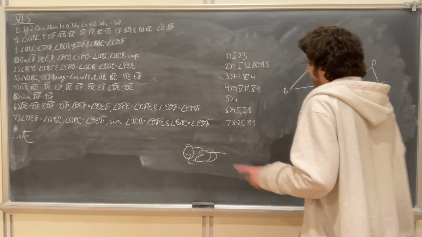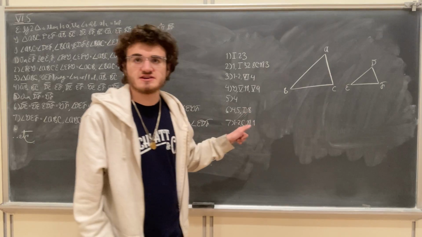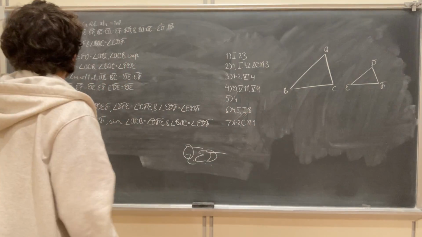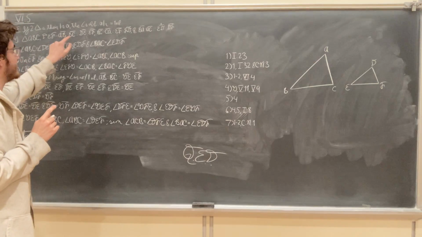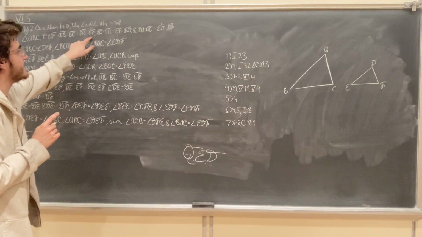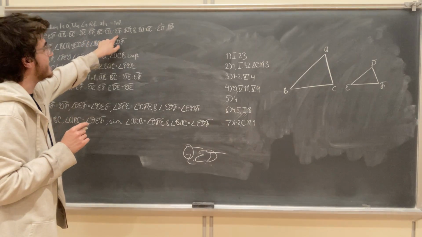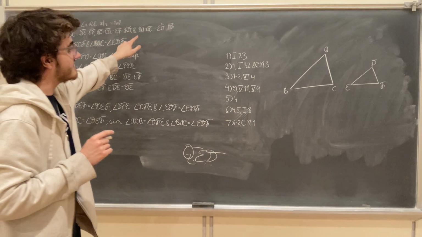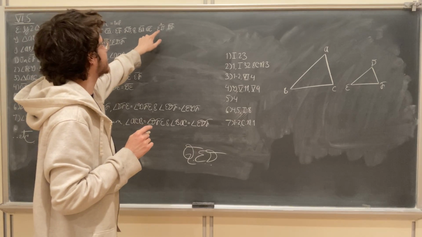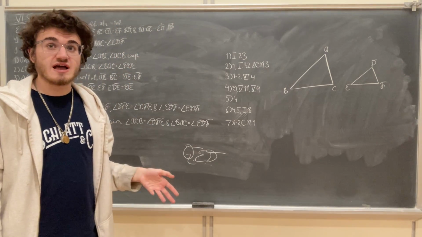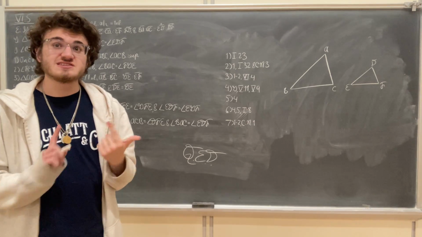And we're going to have these two triangles such that their sides are proportional. What that means is that AB is going to be to BC, just as DE is to EF, and also that BC is to CA, just as EF is to FD, and finally that BA is to AC, just as ED is to DF.